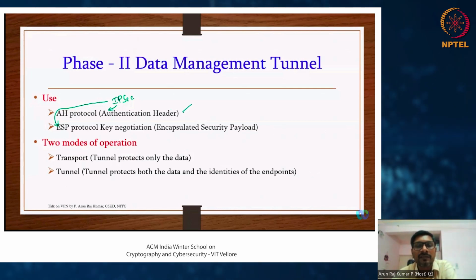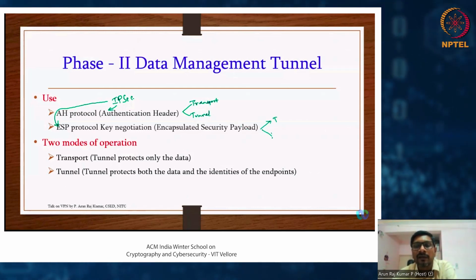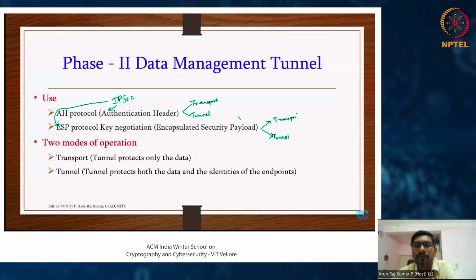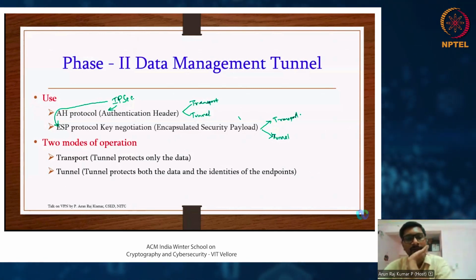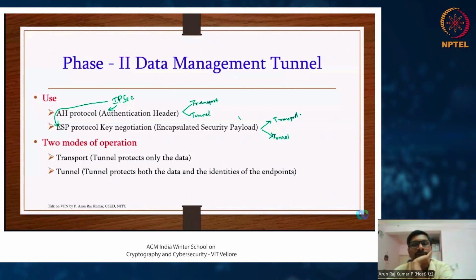In AH we have transport mode and tunnel mode, and in ESP also we have transport mode and tunnel mode. These two protocols are used in the data management tunnel.